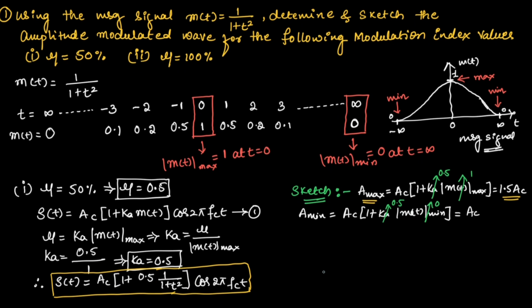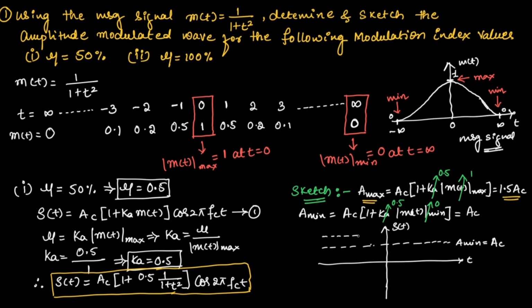Now we need to sketch this waveform. So let us take t in x-axis, s of t in y-axis. Now we need to take the minimum value, which is equal to AC. A minimum is equal to AC and A maximum is 1.5 AC.